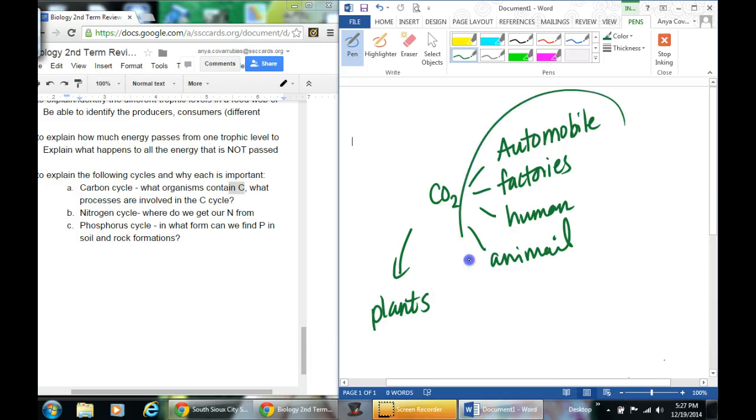Obviously there's a lot more of these than those, so the carbon dioxide cycle isn't going quite as equally as we would like it right now, and this is some of the factors that are contributing to global warming.